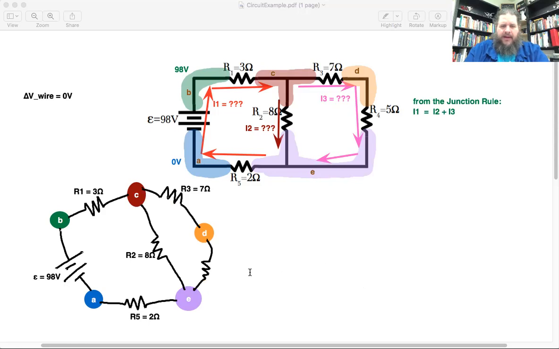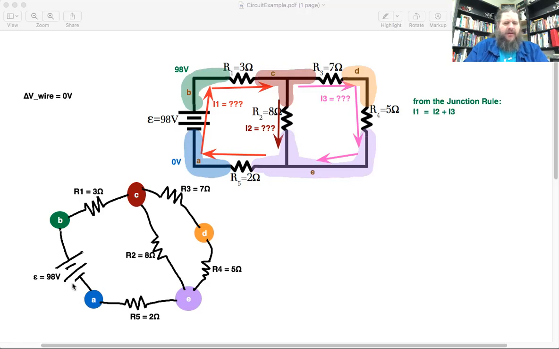And in this diagram, can you see any paths that start at the same node and end at the same node? B and A, the thing is that includes the battery.